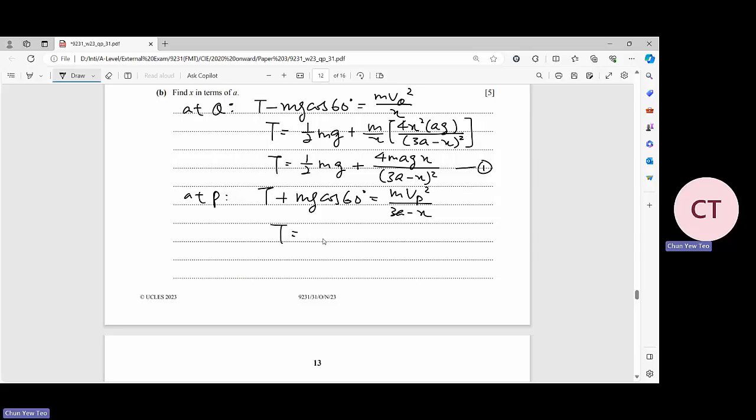So it will be T is equal to negative half mg plus m over 3a minus x times VP squared. VP is 2 square root of ag, so if you square it, you get 4ag. So you will get negative half mg plus 4mga over 3a minus x.